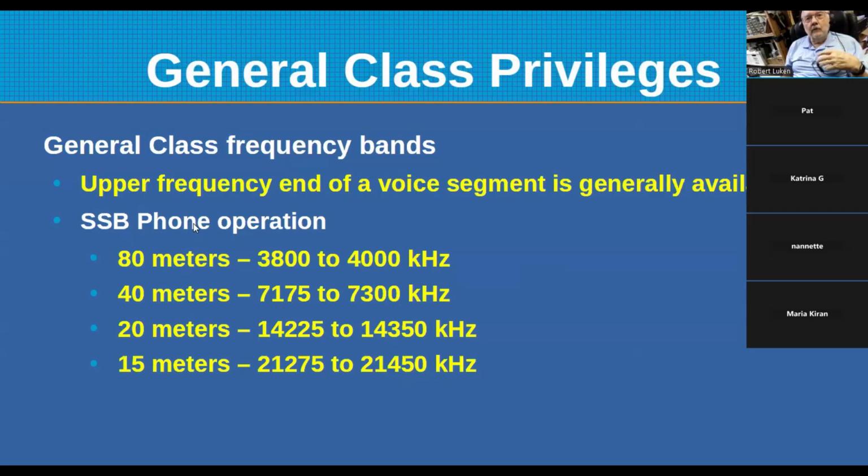You can do single sideband or phone operation on the 80, 40, 20, and 15 in these upper subbands, which are above the extra and advanced, where the lower part of the subband you're allowed to operate in is allocated to CW and data. So you can do things like FT8, which is very popular, and that's down in the lower portion of the band.